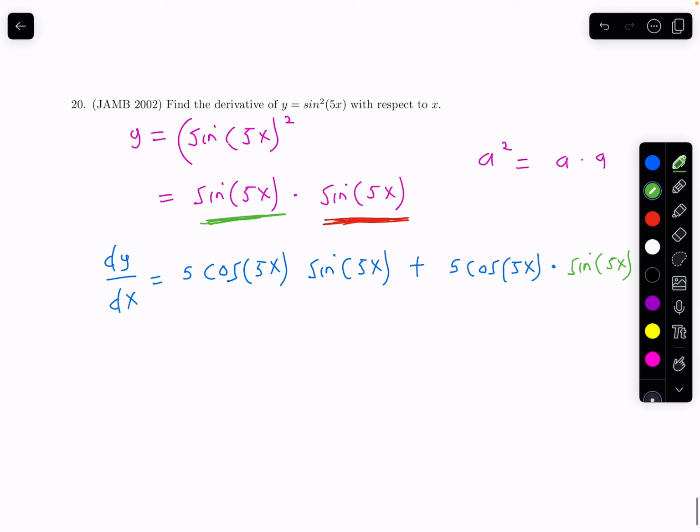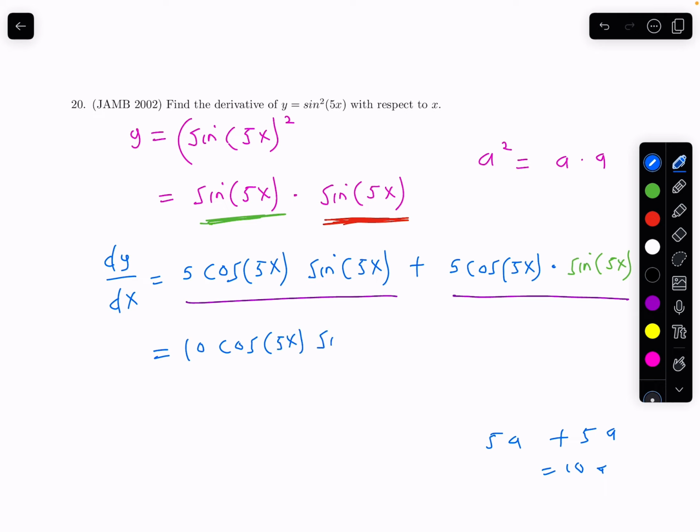If you observe, both sides are exactly the same. It's like if you have 5a plus 5a, that's equal to 10a. So this is just going to be 10 cos 5x sine 5x.